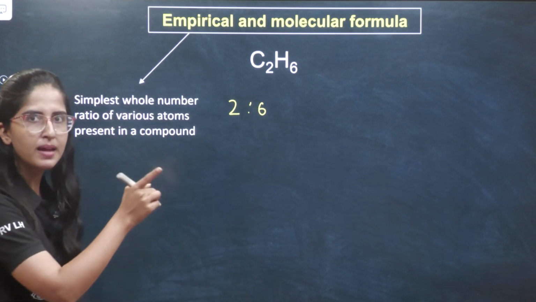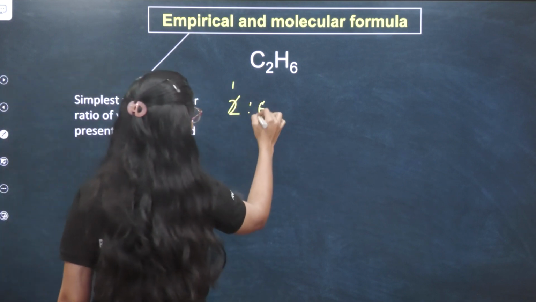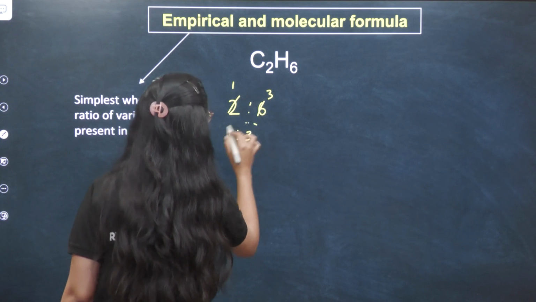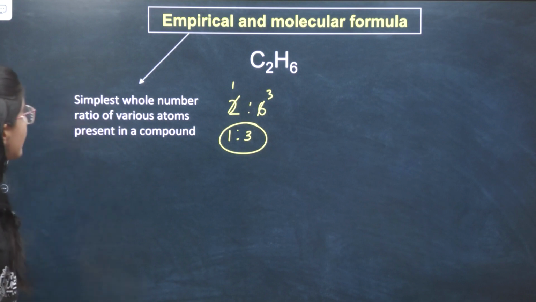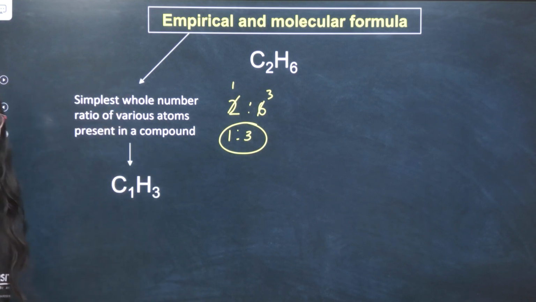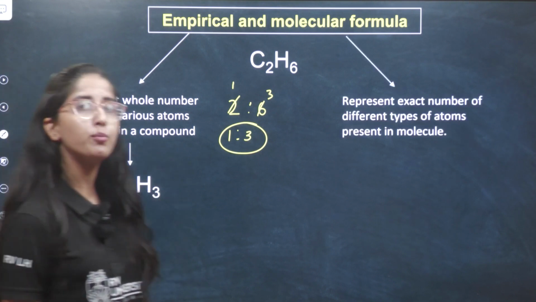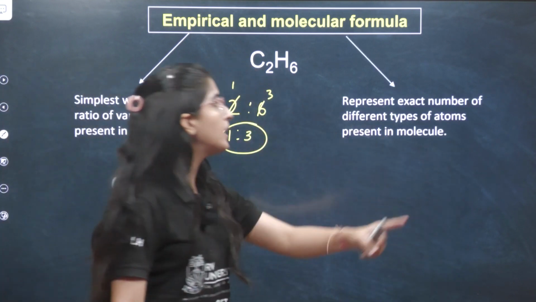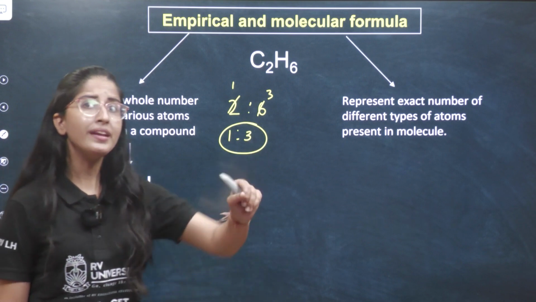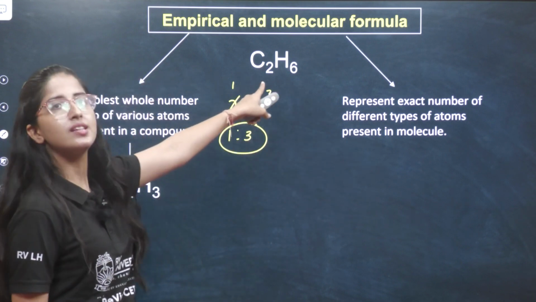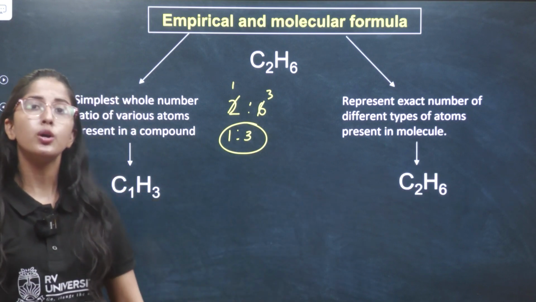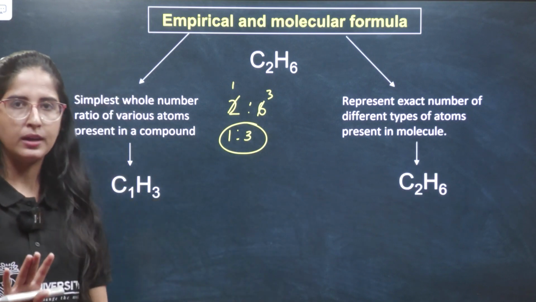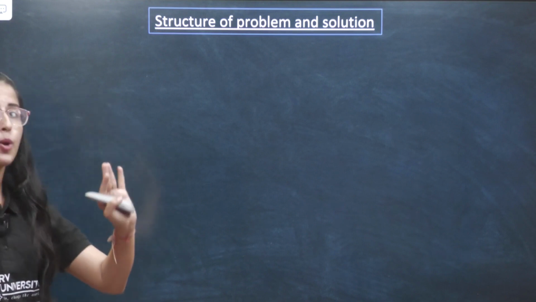But it can be in a simpler form, correct? 2 1s are 2, 3 2s are 6. So 1:3 is your simple whole number ratio which cannot be further divided. That composition will be your empirical formula, that is C1H3. Whereas molecular formula represents the exact number of different atoms present. How many exactly? 2 carbon is present. So therefore C2H6 will be your molecular formula. Understood?